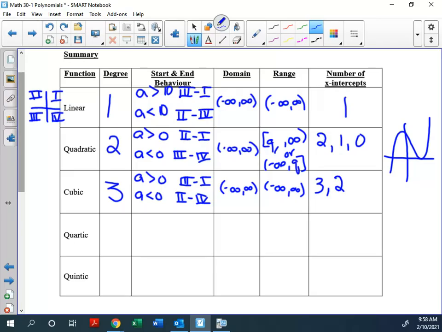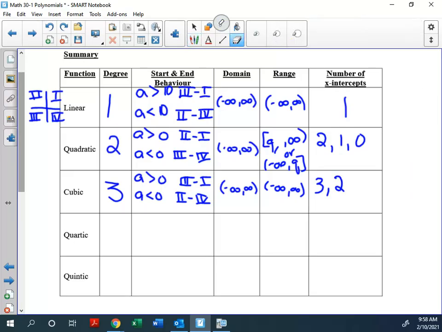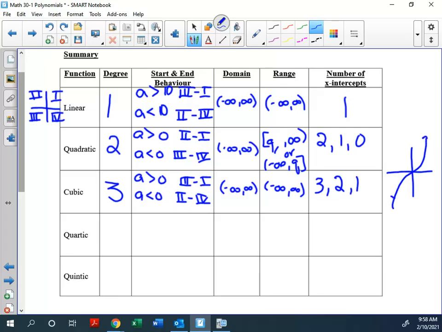So it could have 2. Could it have 1? Well, remember that first graph that we did with the cubic where it just went like that? So it can have 1. Can it have 0? No. It's got to cross through somehow, some way to get from quadrant 3 to quadrant 1. So it can have 3, 2, or 1, but it's going to have 1 at least.